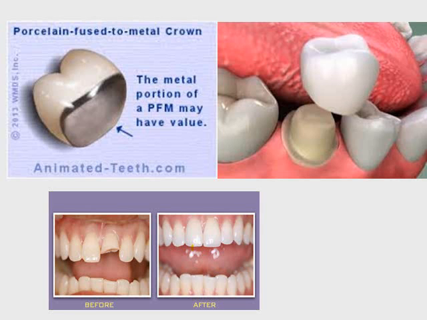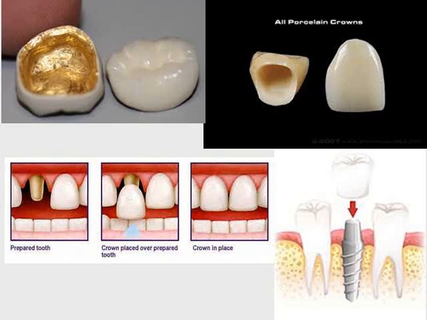Here in this picture, we are going to see that there are different types of crowns. Here we have another picture for different types of crowns. We may have a metal, which is gold, metal alloys with ceramic, and here we have the full ceramic.